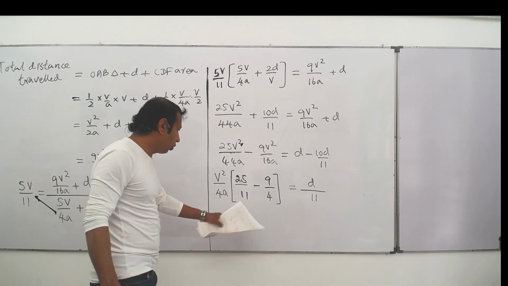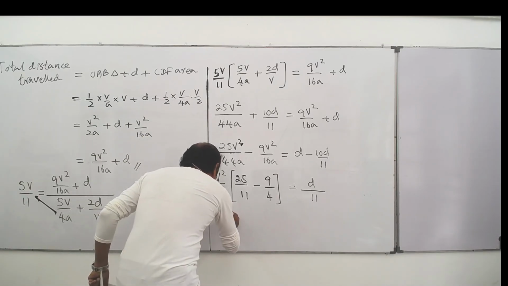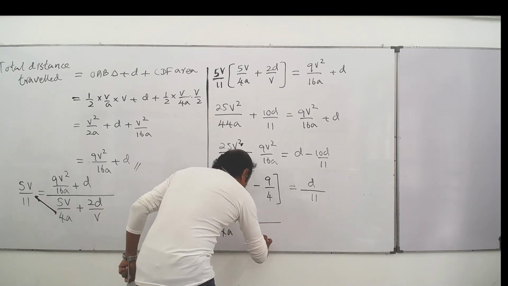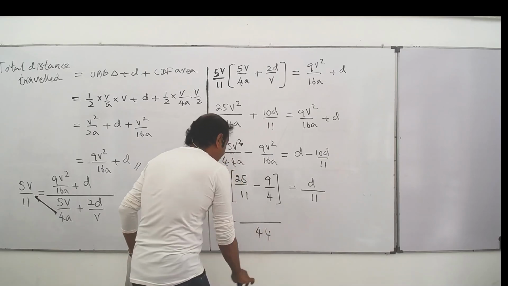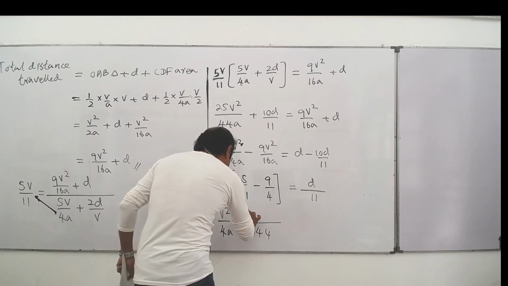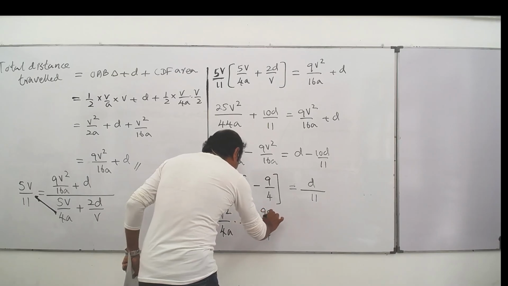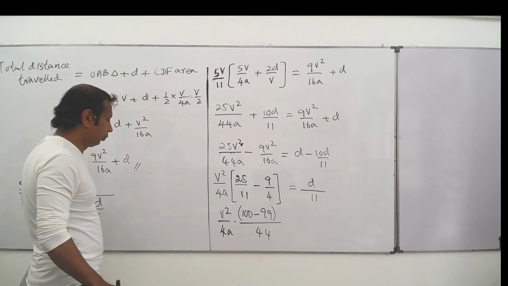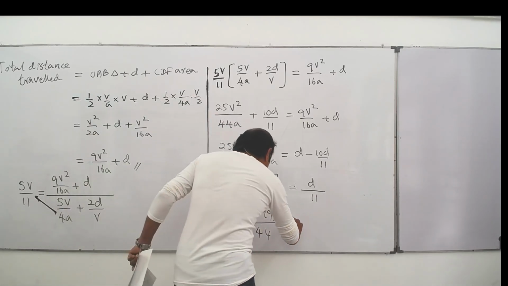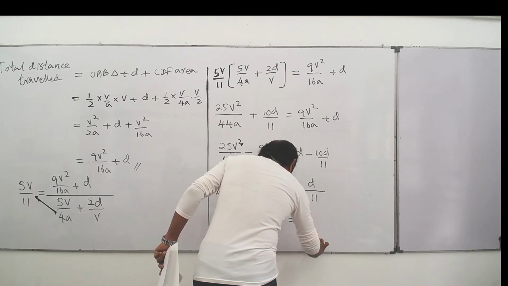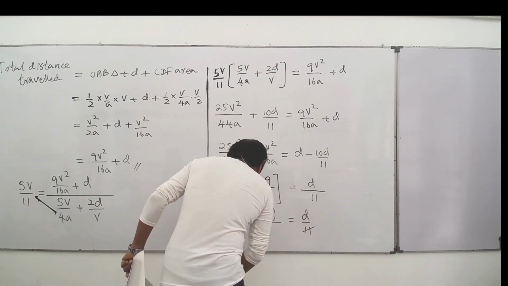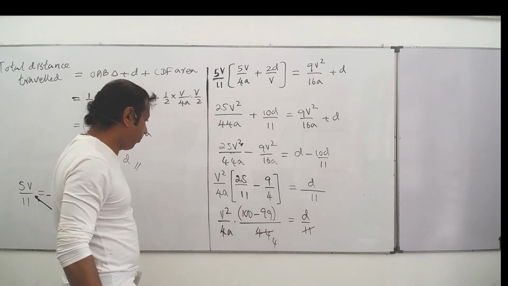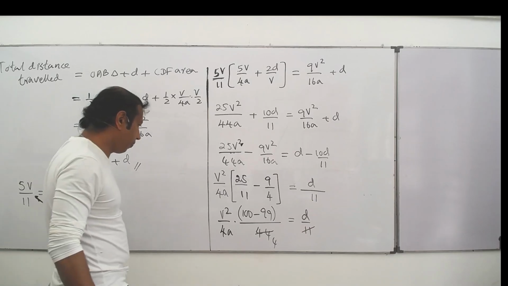Then here we can take common denominator as 44. Then here we get 100. Here 99. D over 11. Right. So this 11 and this can cancel down. 11 we get 4 there.